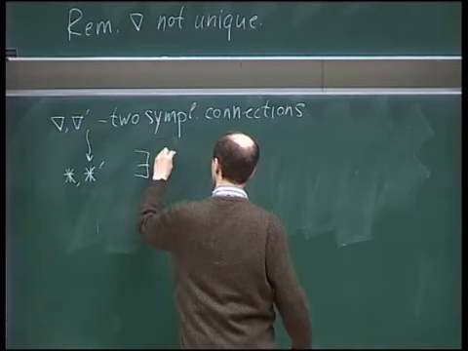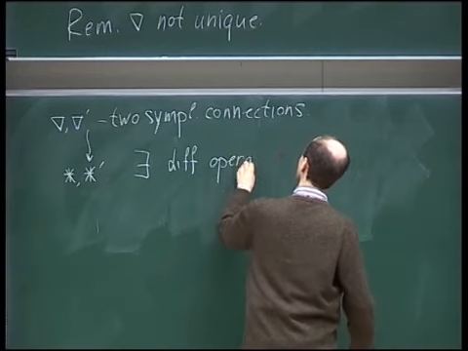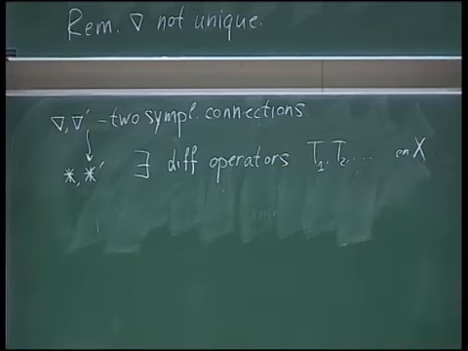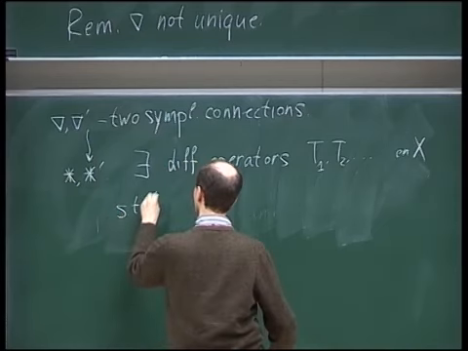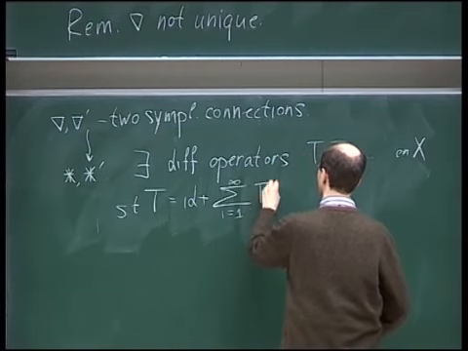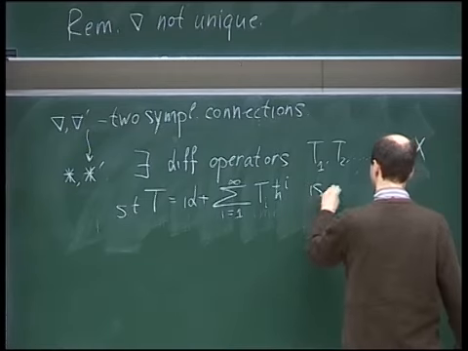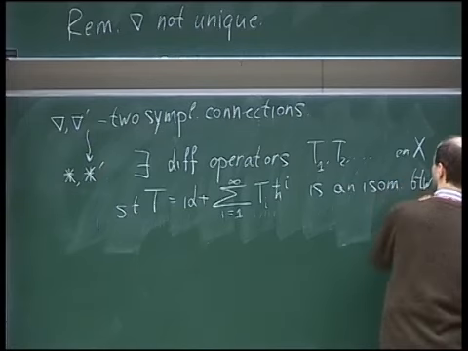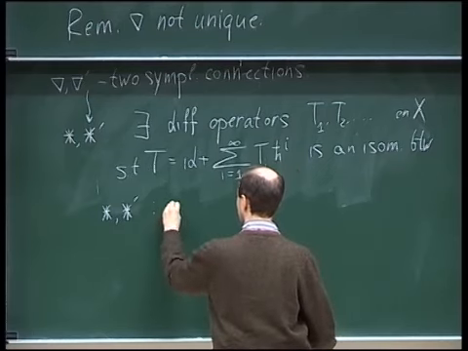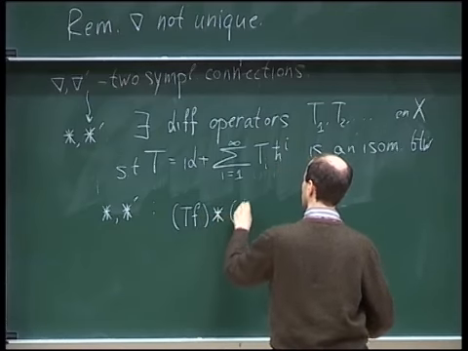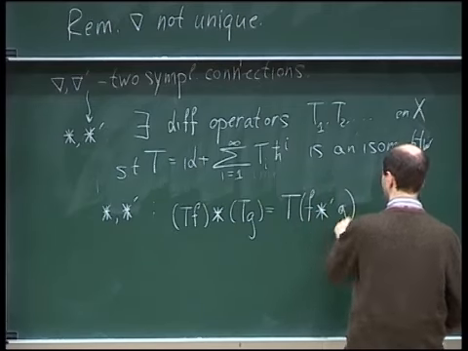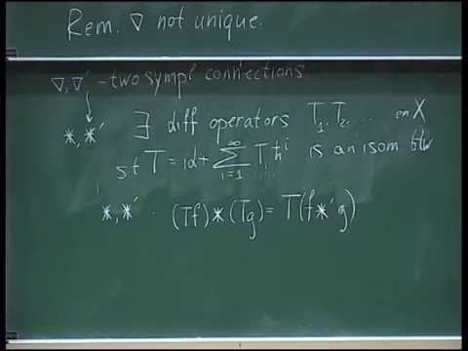There are differential operators T1, T2, and so on, on X, such that T equal to ID plus the sum from i equal to 1 to infinity of Ti h bar to the i is an isomorphism between star and star prime, which means that Tf star Tg is T(f star prime g). So this is an example of this gauge transformation.